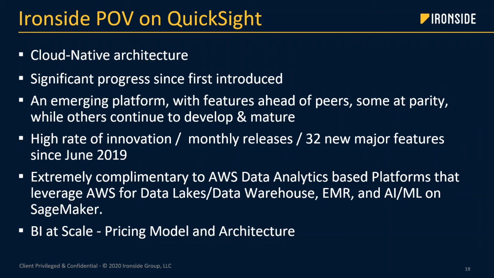And the last point here, as Scott was talking about, the team at AWS is very focused on insights for everyone. So how do we provide BI at scale? They've done that from a pricing model perspective and the cloud native architecture. So Scott?